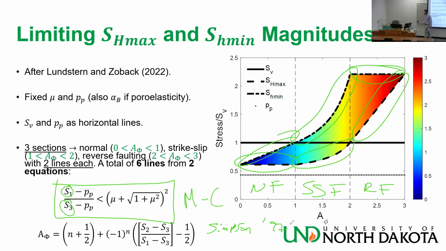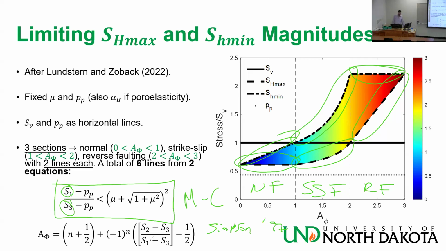And we have S1, S2, S3 that vary with each regime. For normal faulting, S1 is SV, S2 is SHmax, S3 is SHmin. For strike slip faulting, S1 is SHmax, SV is S2, and S3 is SHmin.